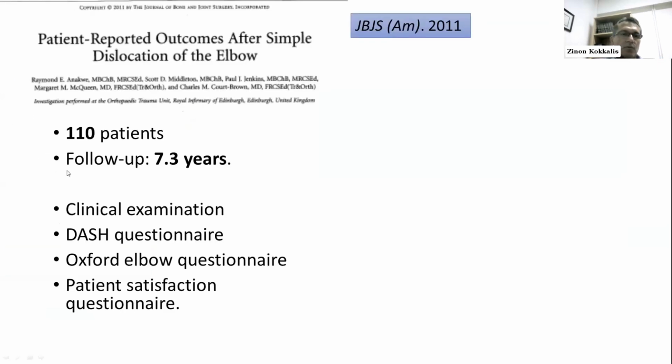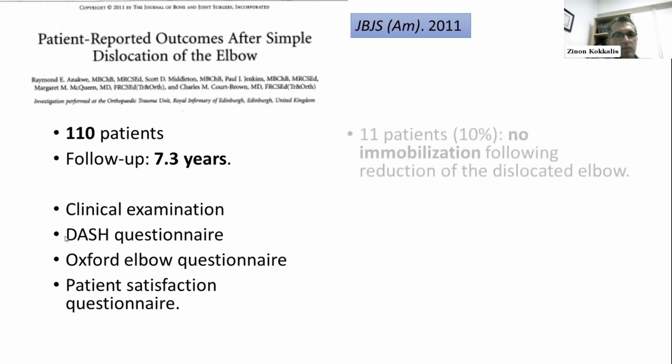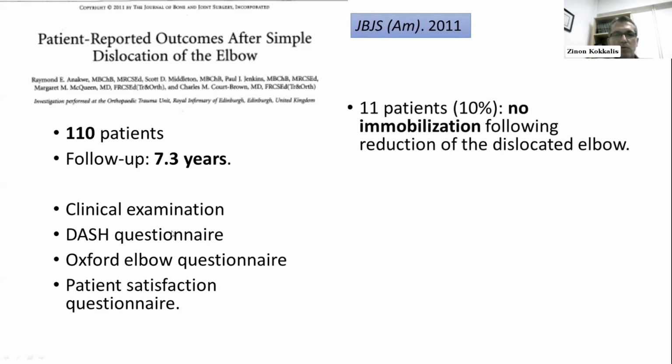And I'm going to discuss some outcomes after closed reduction in the literature. This is a paper in JBJS 2011 with a very long follow-up, 7.3 years, 110 patients. They studied these patients with functional scores and also with range of motion.